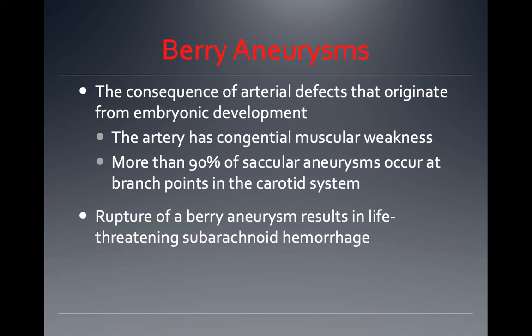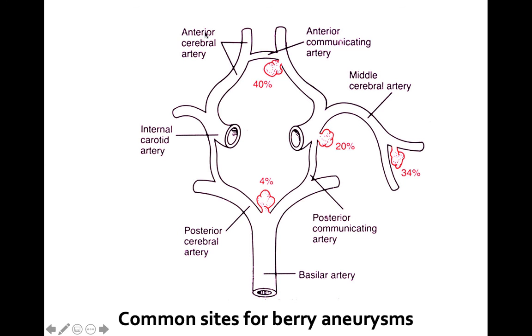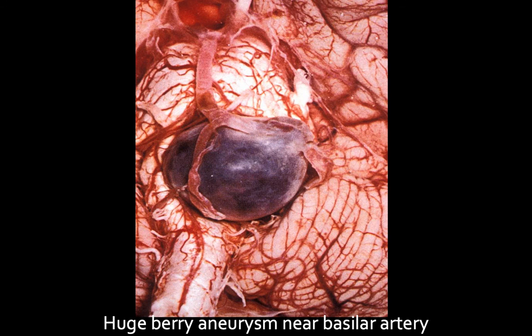So rupture of a berry aneurysm results in that life-threatening subarachnoid hemorrhage, and 35% mortality during the original hemorrhage. And so you can see here, this is our circle of Willis, right? And these are the areas most likely to have aneurysms, okay, the most common sites for a berry aneurysm.